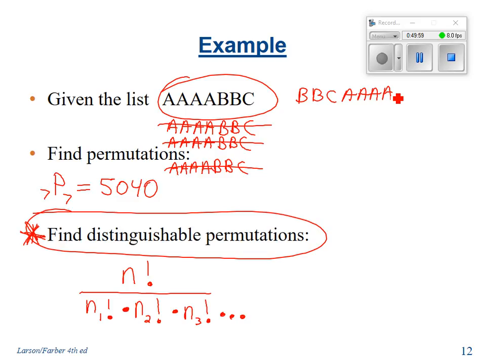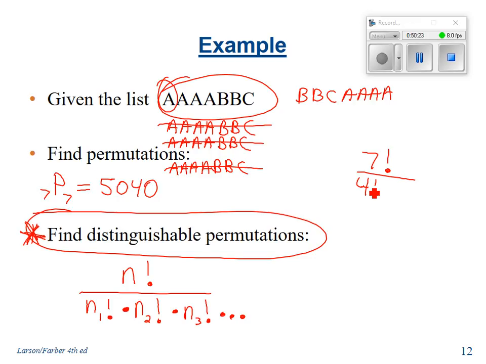We do n factorial on top. How many letters do we have? 7. So we do 7 factorial on top. And then we look at each one by itself. So the first one, N1, how many A's do we have? 4. So we do that. On bottom, 4 factorial.